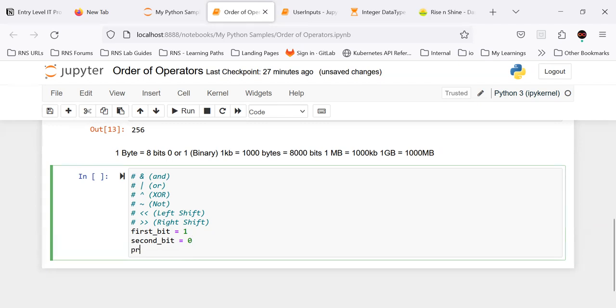Now I'd like to use the print statement, print of first bit, AND operator, second bit. Now if I use AND, what's going to happen?